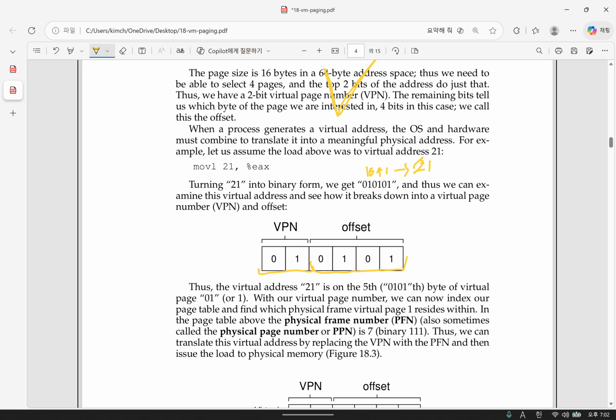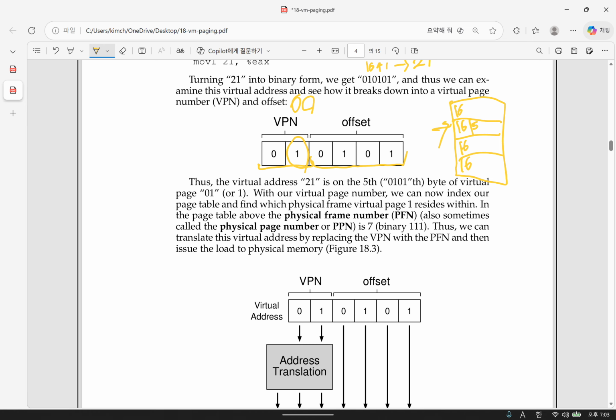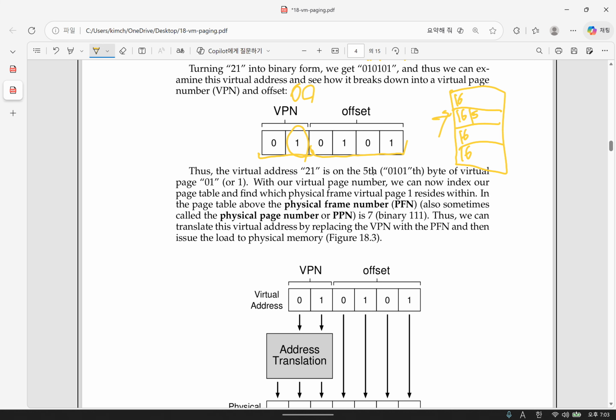So what we can view from here is that it's the second virtual page, but since the first starts from 0, it's page 1, with the offset of 5, the fifth address of the second virtual page. So indeed it's the fifth byte of page 1.